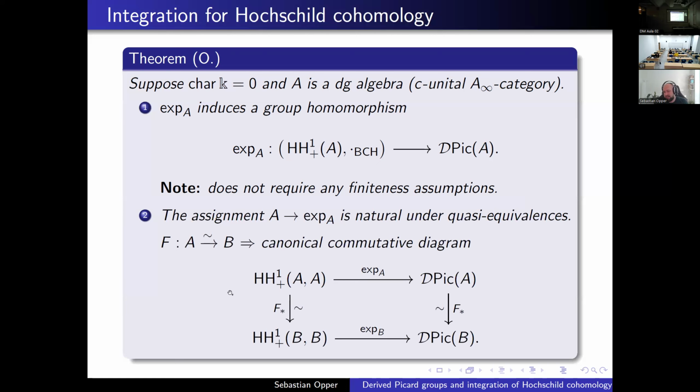And it basically says, well, if I have a DG algebra and I have something which is, for example, quasi-isomorphic, then it doesn't really matter in terms of the exponential which one I work with, because this commutes. And you also have to show that these kind of maps exist and so on. That's a different story.